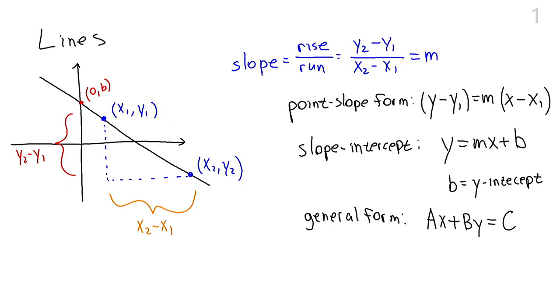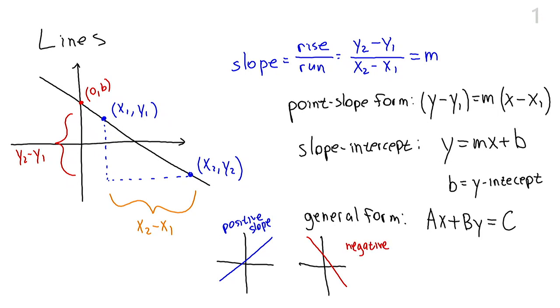Another useful thing to remember about lines is the sign of the slope. Lines that go up from left to right have positive slope. And lines that go down from left to right have negative slope.